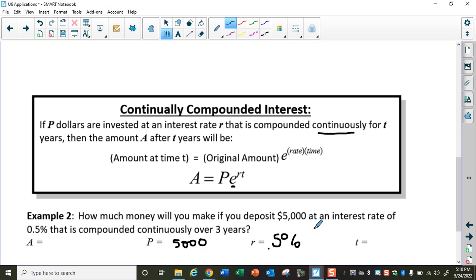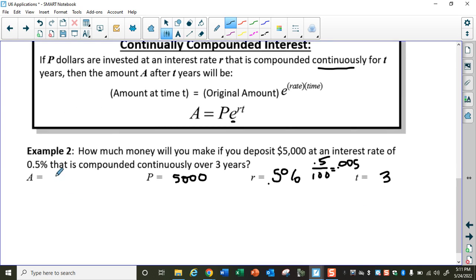That means 0.5, and percent means divided by 100, right? So I'm just going to move my decimal over 2 places, so that would be 0.005. And it's compounded continuously for 3 years, so my time would be 3.